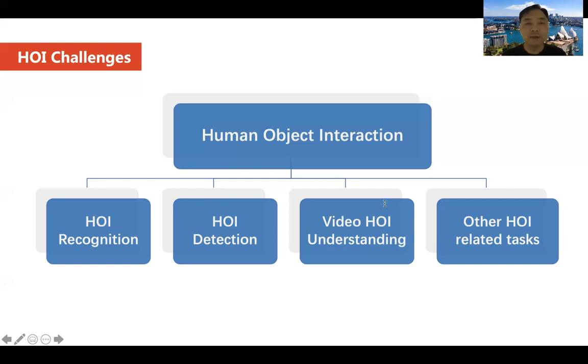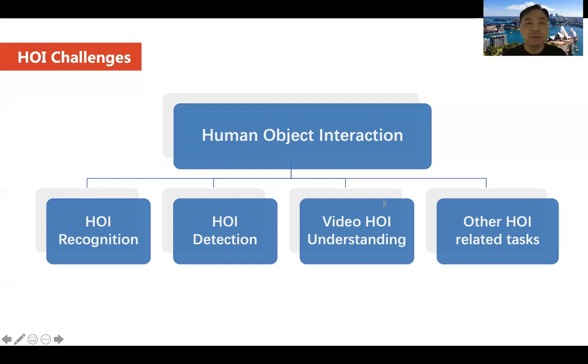Video-based HOI understanding is also an important task for HOI understanding. Some kinds of HOIs, such as pull the bottle and push the bottle, are difficult to recognize according to the static images. Those HOIs require excellent temporal information learning.